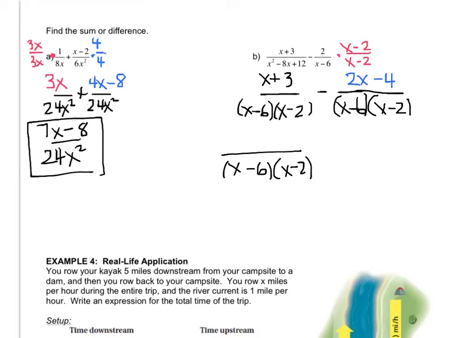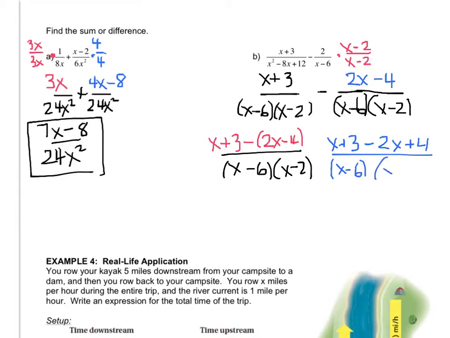So the denominator stays the same, x minus 6, x minus 2. And let's do it. x plus 3 minus 2x minus 4. And again, I use parentheses to remind myself that I need to distribute. So when I do that, I get x plus 3 minus 2x plus 4 all over x minus 6 times x minus 2.